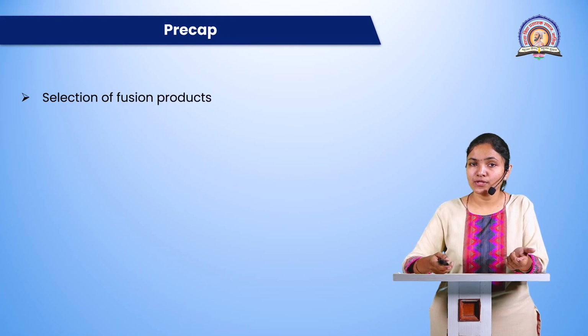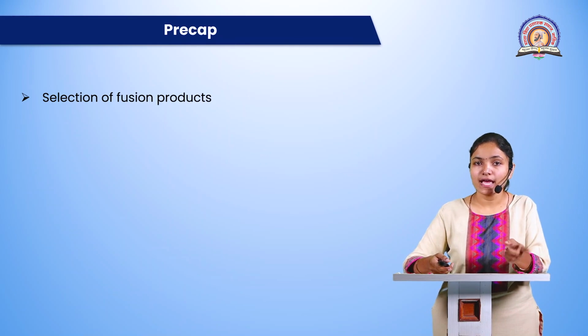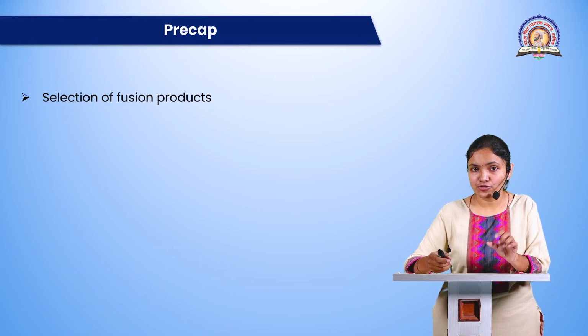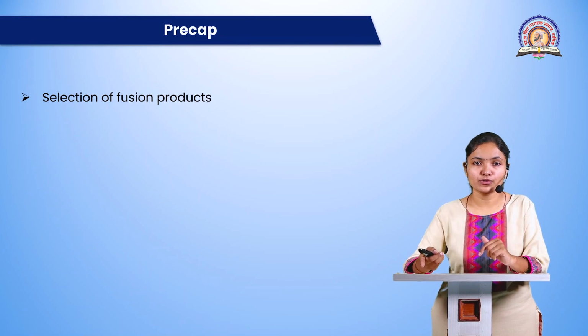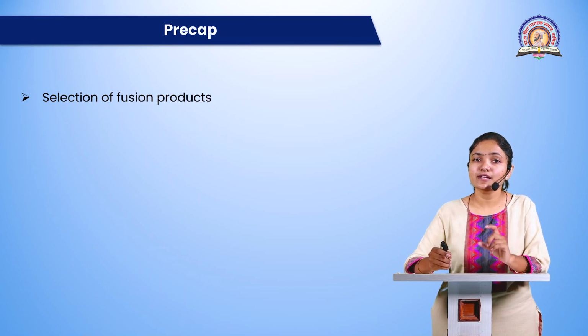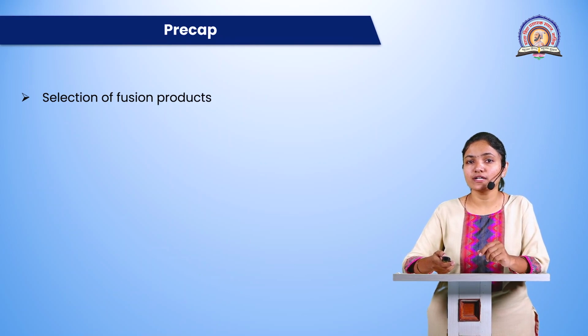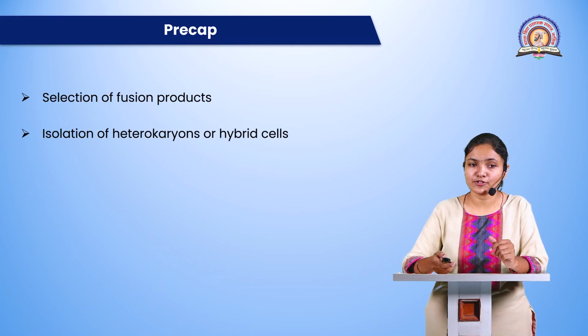During today's lecture, we discussed that there are possibilities of the formation of homokaryon as well as heterokaryon during protoplast fusion. Here we are more interested in the heterokaryon. So how will you know whether your suspension contains homokaryon or heterokaryon? For that, we need some selection methods. This selection of fusion products we will understand in the upcoming lecture.